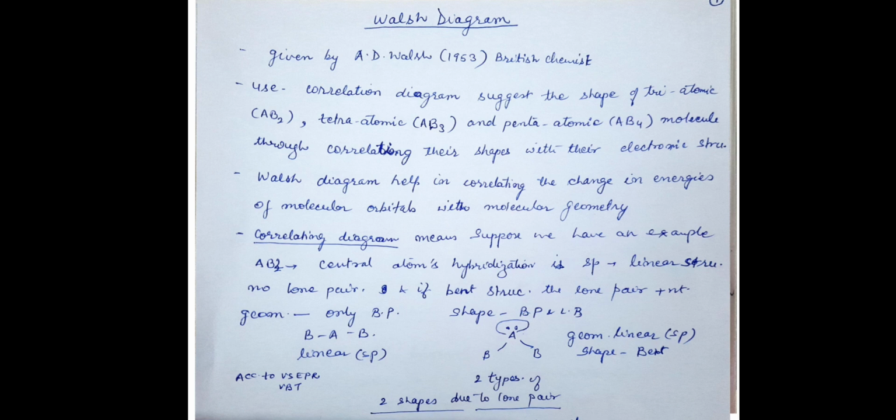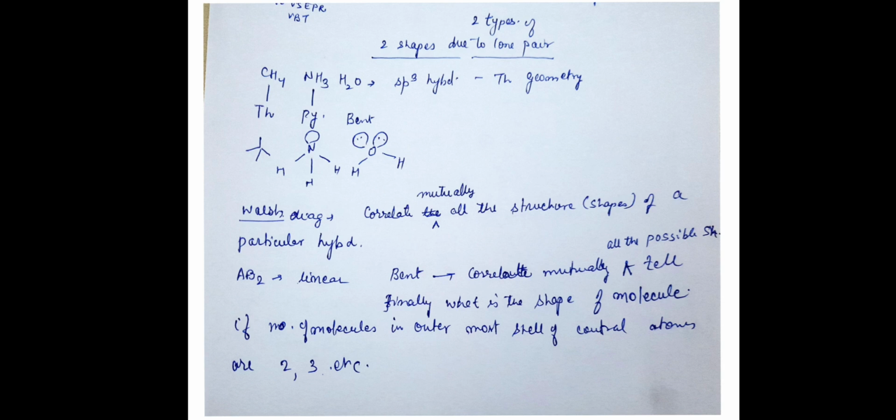Next, we can take the example of sp3 hybridization. Methane, ammonia and water are all of sp3 hybridization. The geometry is tetrahedral, but the shapes are different. Methane has a tetrahedral structure because there is no lone pair.